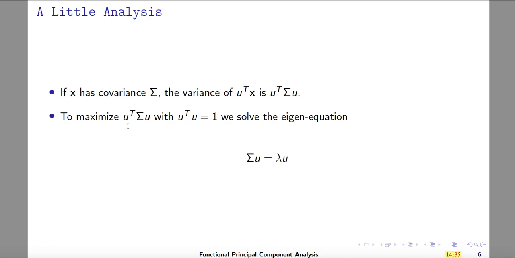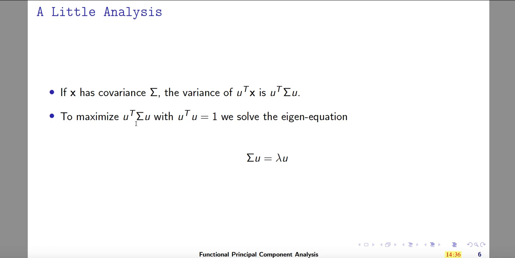So we only care about the direction of u. Therefore, we put the constraint that the length of u has to be equal to 1. The length of u means u transpose times u equals 1. So with this constraint, we want to find the u that maximizes u transpose times sigma times u.